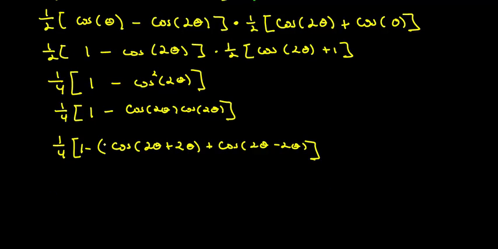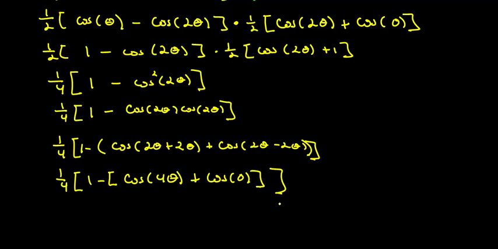I feel like I need an extra parenthesis in here somewhere. There. So 1/4 times 1 minus, cosine of 4 theta plus the cosine of 0, times 1/2. I forgot to put my half out in front. So when I went from here down to here, this should have been 1/2.